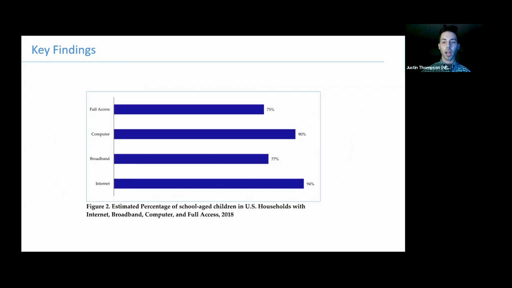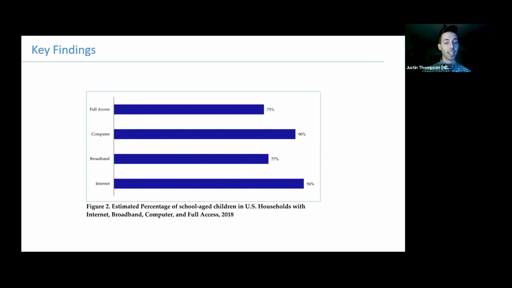So this graph here indicates what percentage of students have full access to the necessary technology and the percentage of students with access to computers, broadband, and internet separately. So while 90% of students in the country have access to a computer, only 77% of students have access to high-speed broadband, resulting in the 75% number that I've mentioned before. And one caveat that I want to throw out there is that when I'm talking about full access, I'm referring to having both a web-enabled computer device or tablet, and that does not include phones, and broadband internet access.